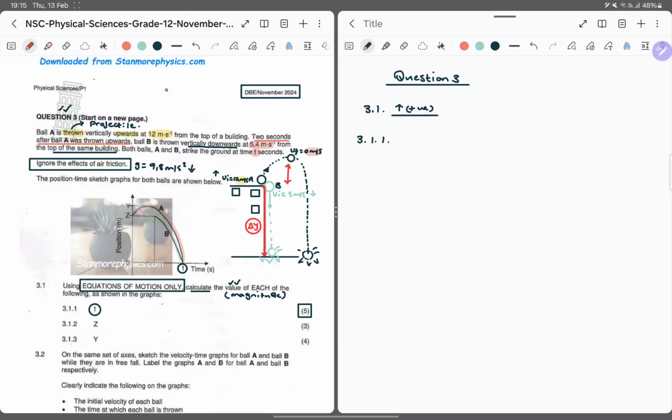Okay, this is very important. And over the same time duration, although there was a time lag between the launch of the two balls. Not a big deal. So we're going to use that to our advantage.